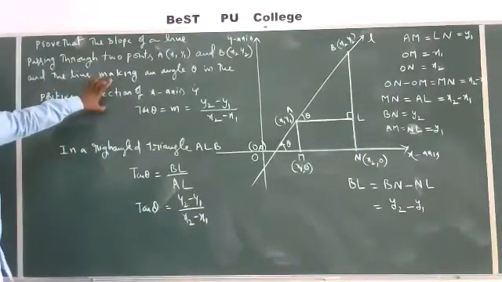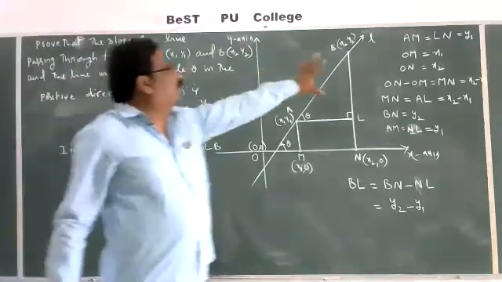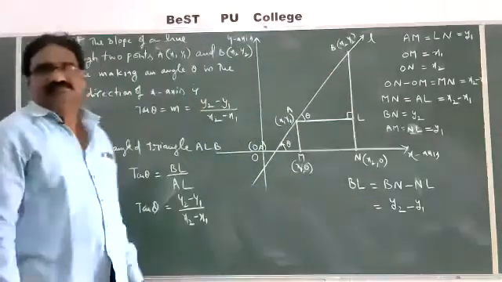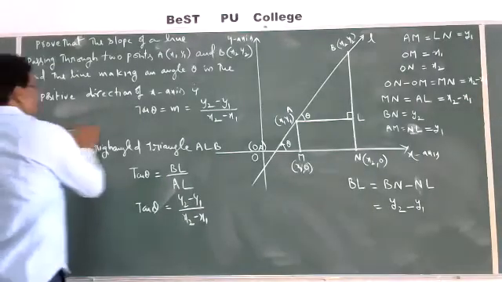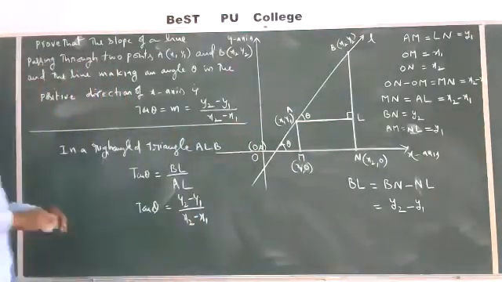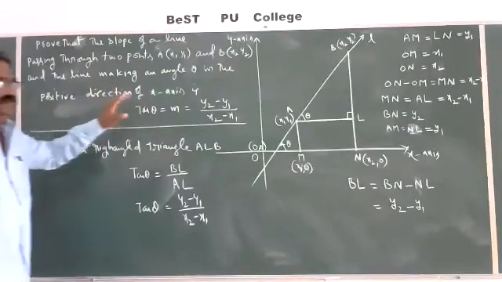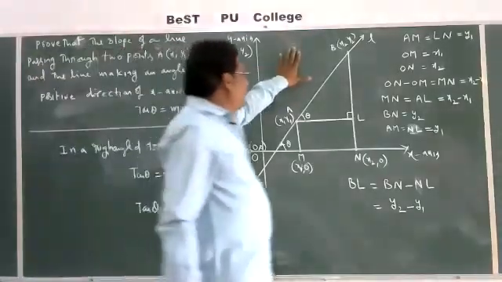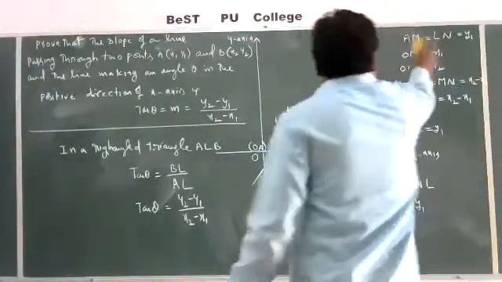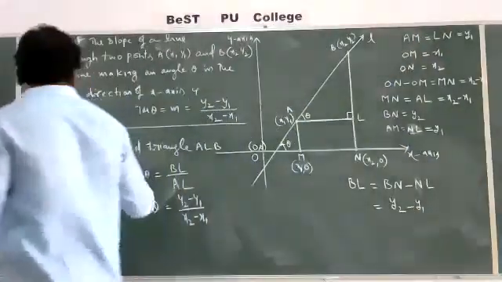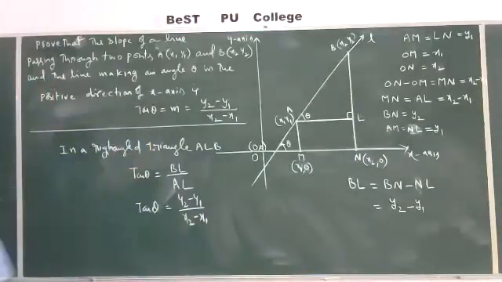This is the question and this is the proof. First write the diagram, then write these simplifications, and at last write this.